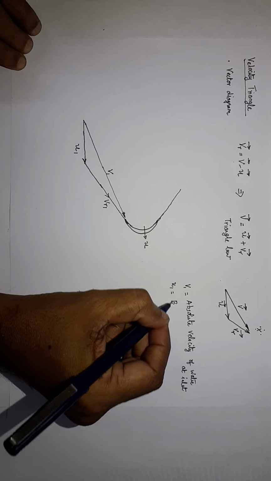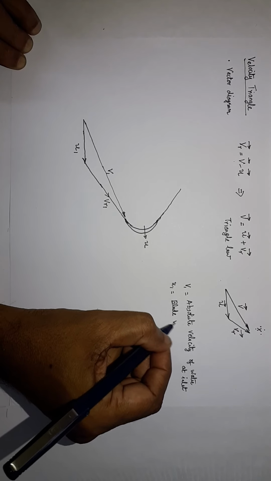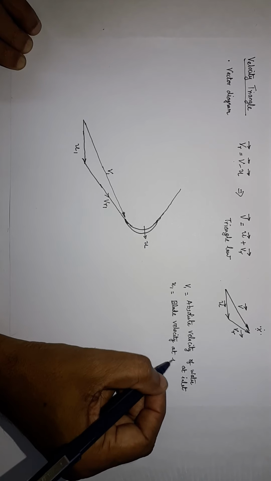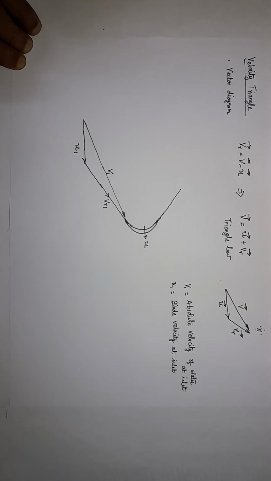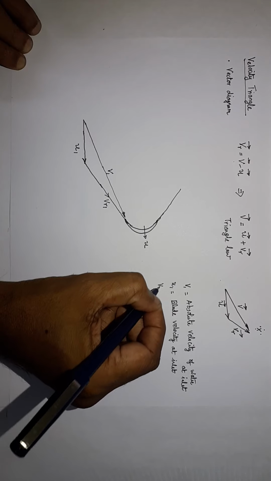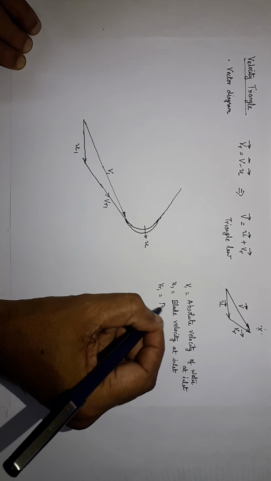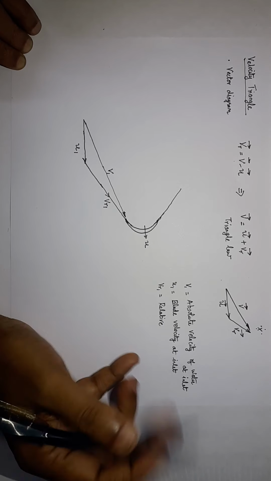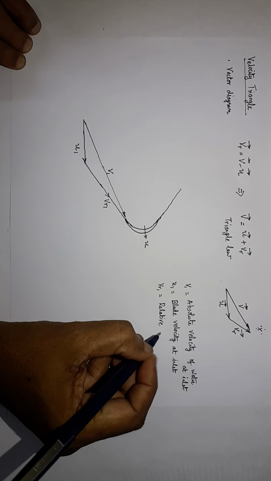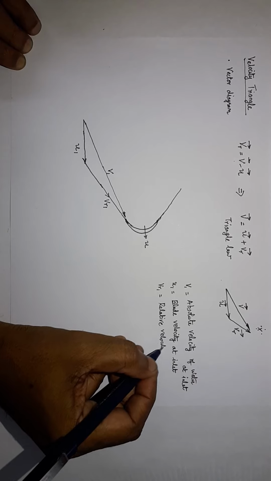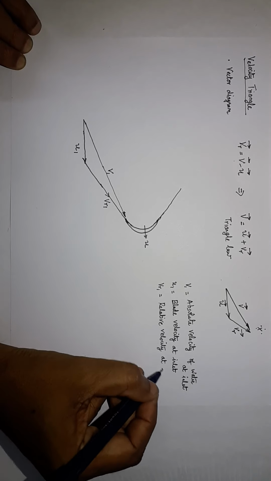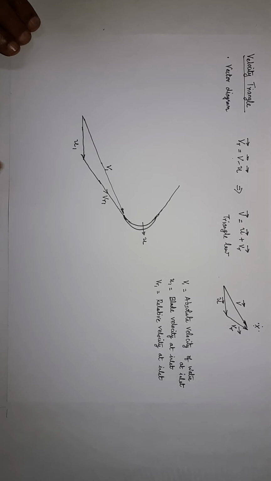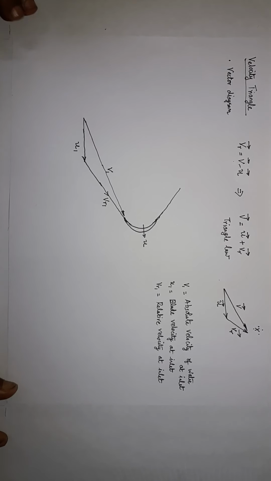It is the blade velocity or the vane velocity, blade velocity at inlet. What is VR1? It is nothing but the relative velocity, because both are moving, water is moving and blade is moving. So you have a relative velocity at inlet. Understood?